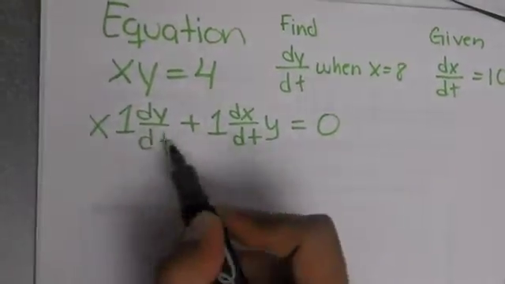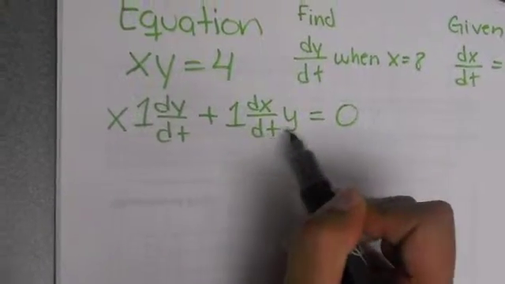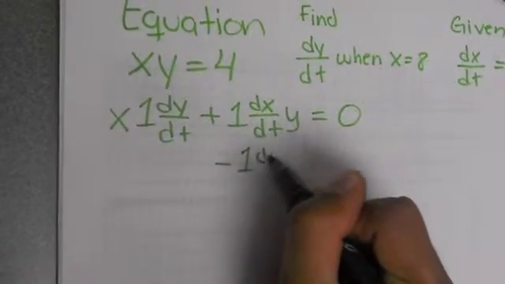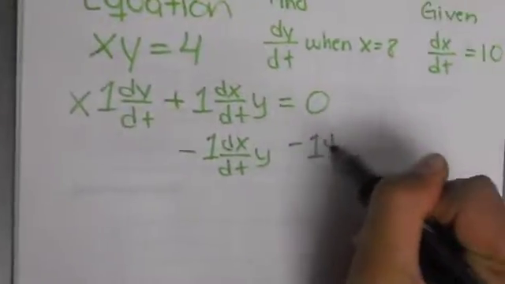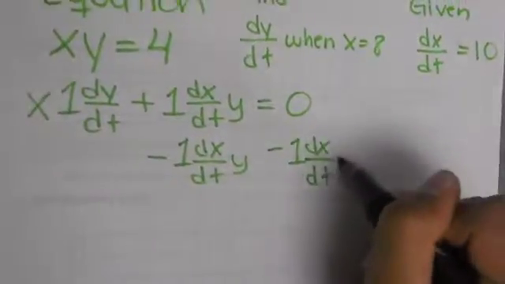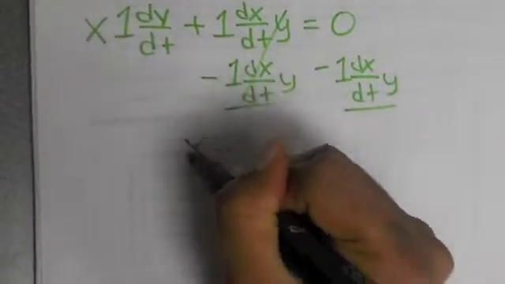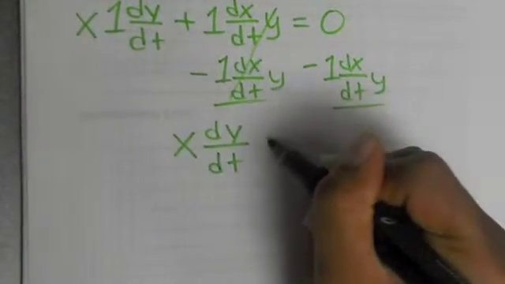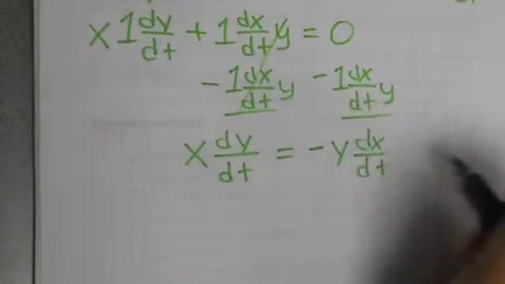Okay, so we're trying to find dy over dt, so we're going to subtract dx over dt times y from both sides. So we're left with x dy over dt is equal to negative y dx over dt.